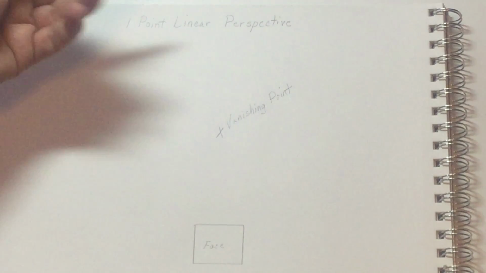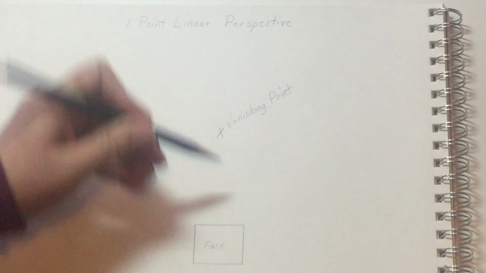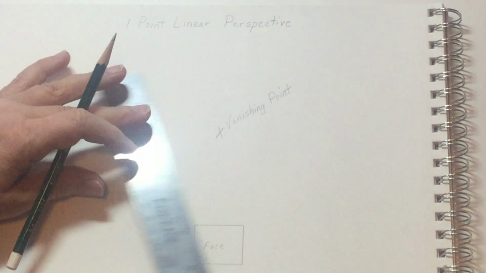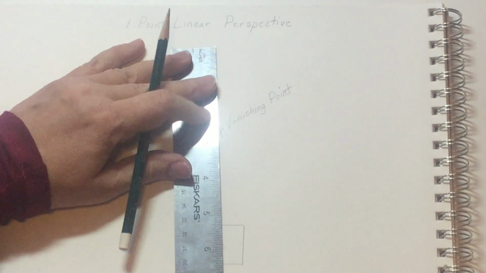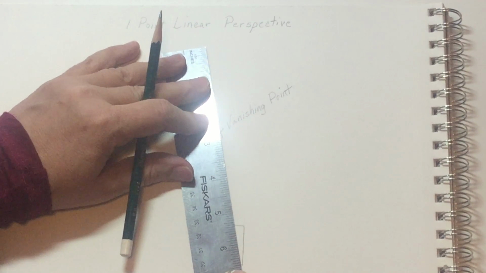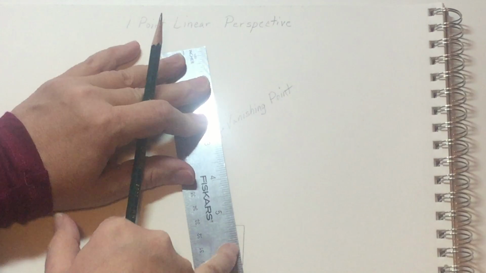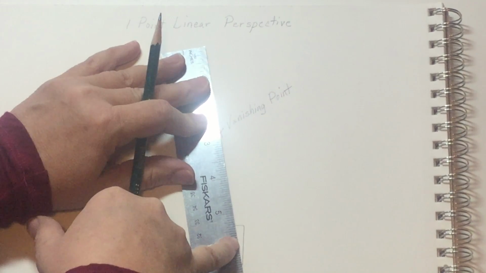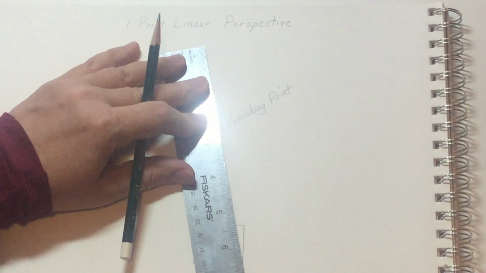What you've got to do is take a look at your vanishing point and the corners of this box. If I look at this bottom right corner and line up the corner with my vanishing point, you'll see right away that if I were to draw a line, it's going to pass through my faceplate. I wouldn't be able to see that, so I don't want to draw that line.